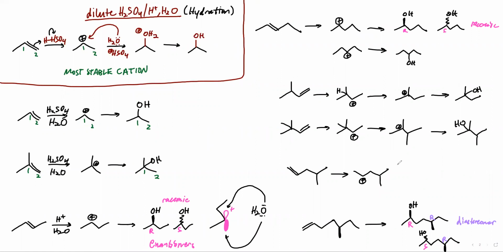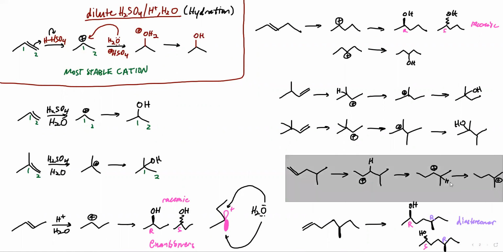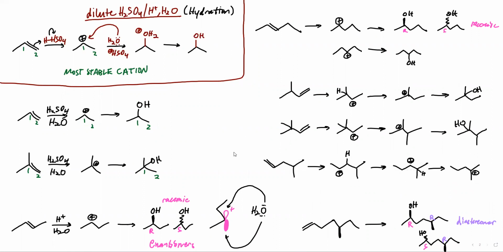Because if we want that movement, we'd have to do a secondary to secondary shift of hydrogen. And then maybe we get the tertiary shift of hydrogen, right? So shift here, and then we get there.